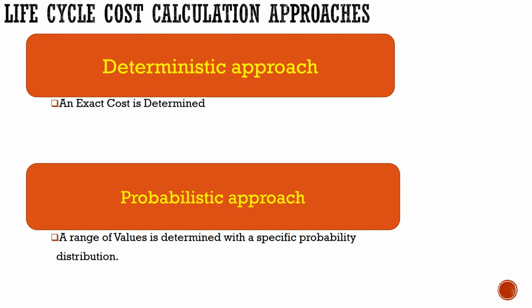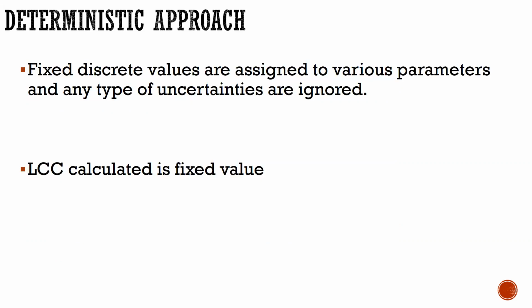Here we can say an exact cost will be determined. Then probabilistic cost, from the word probability, must be a range of values with a specific probability distribution. Here you can just sample numbers and analyze.